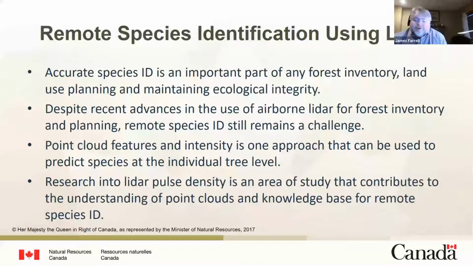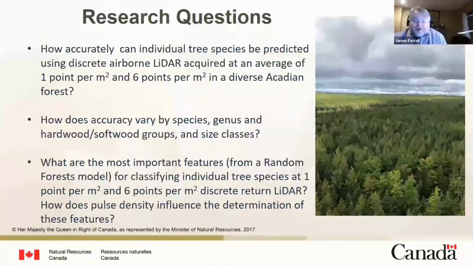Included in this approach is investigating point density, where we try to gain a greater understanding of point clouds and their value in species predictions. The following research questions will be addressed in this study, which also happens to be my master's project under Dr. David McLean at the University of New Brunswick.